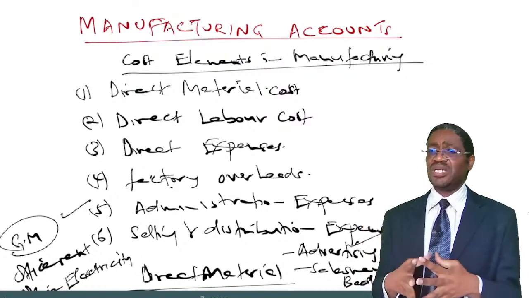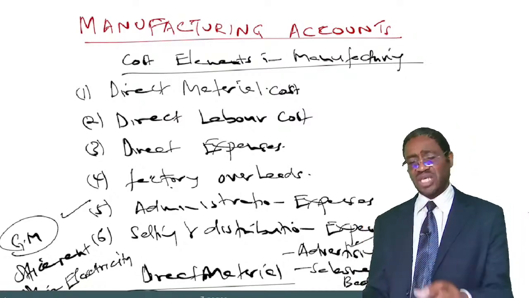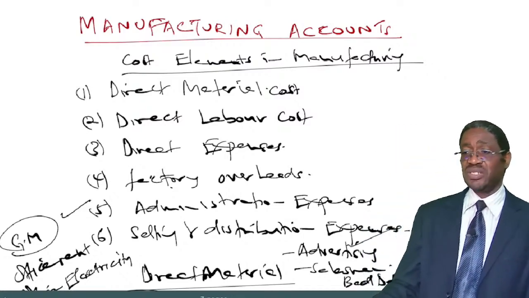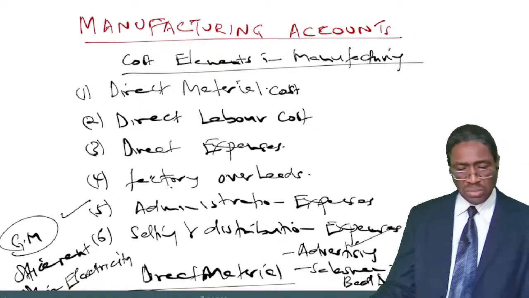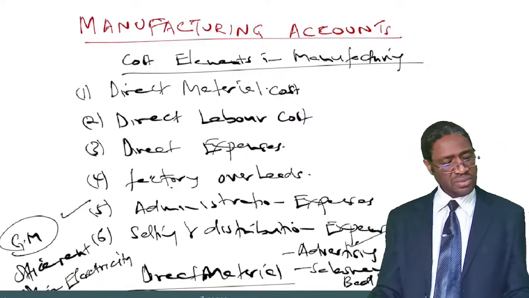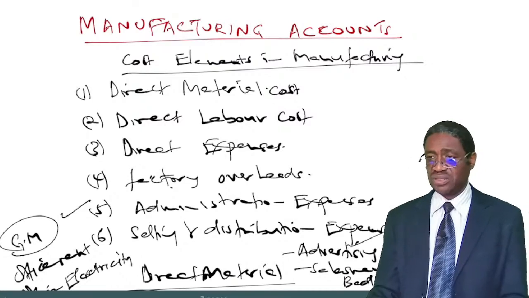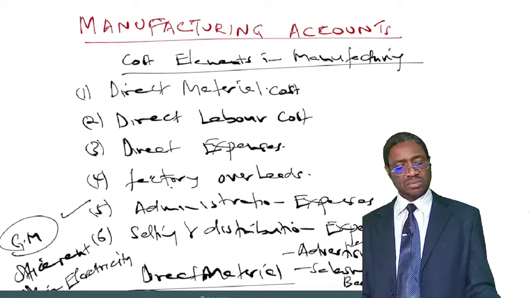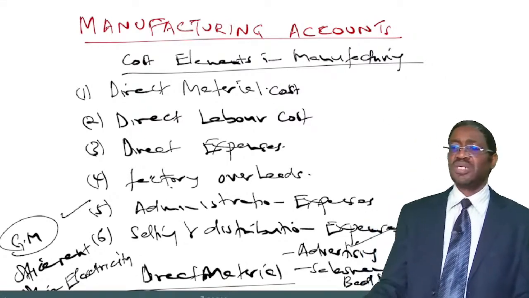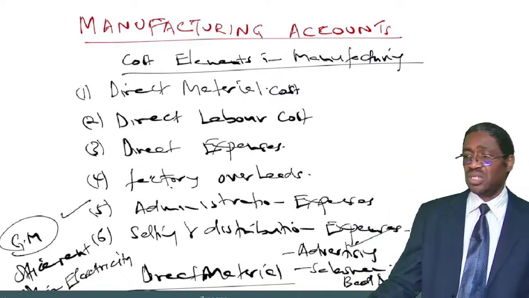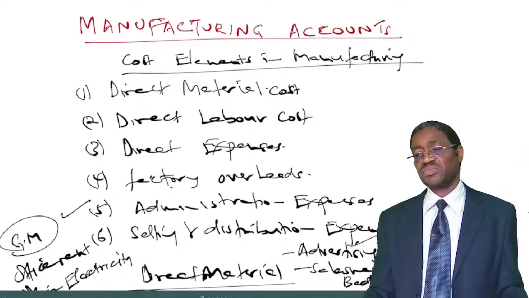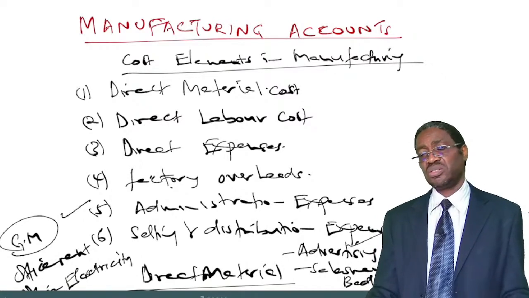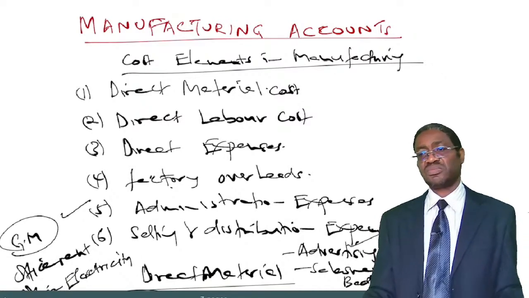Under that topic, another subheading: cost elements in manufacturing. Number one, direct material cost. Number two, direct labor cost.